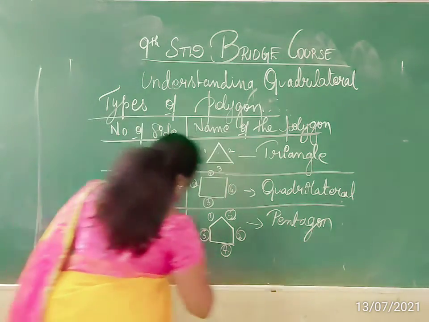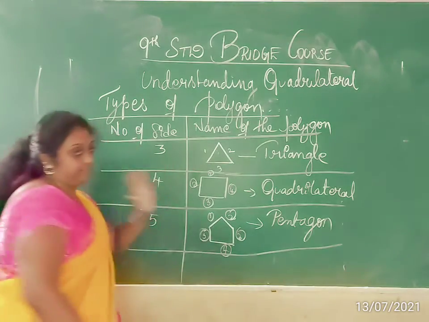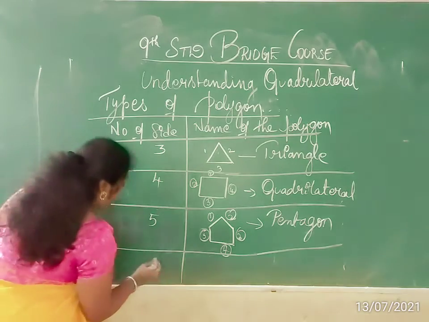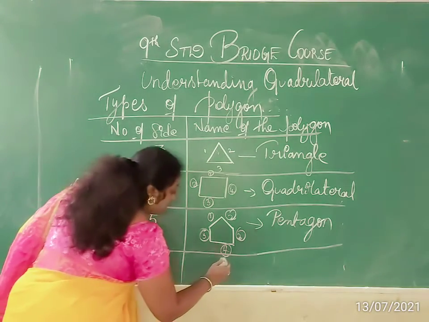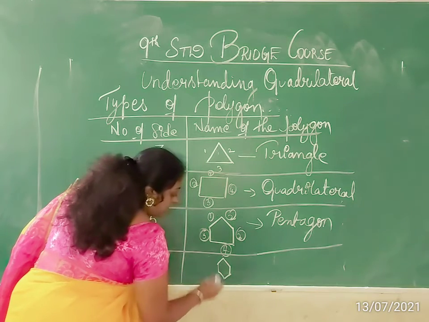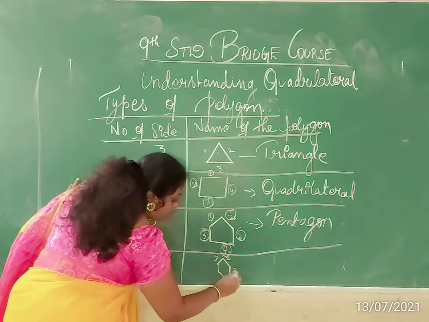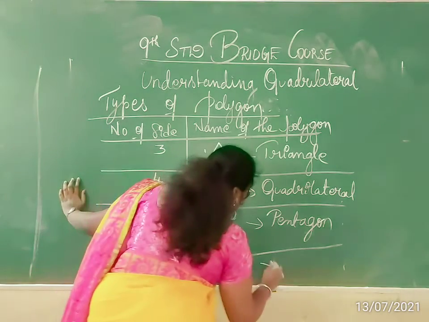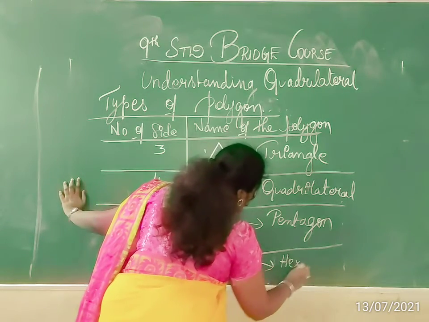And next, the last one. There are polygons till 10 sides, but if you learn till 6, that is fine. For 6: 1, 2, 3, 4, 5 and 6. So there are 6 sides, and it is said to be a hexagon.